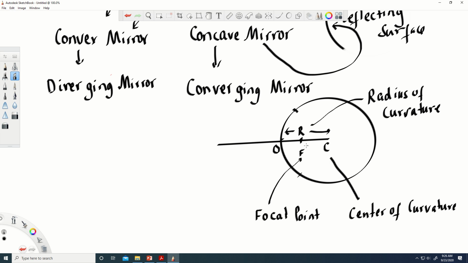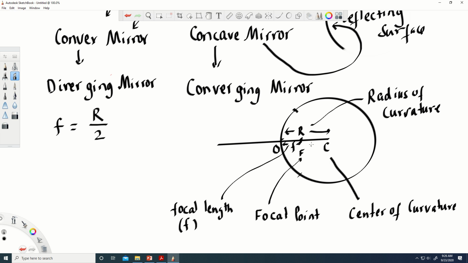And then the distance between O and F is denoted by small letter f. That's called focal length. So focal length is f. It's half of r. So r is from O to C, and f is from O to F, where this big F is halfway between O and C. So f is half of r.